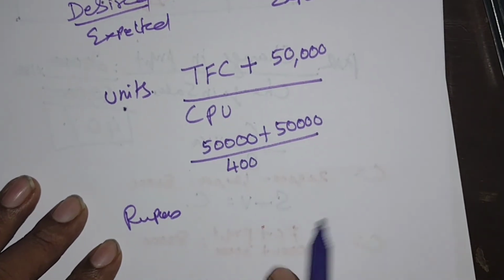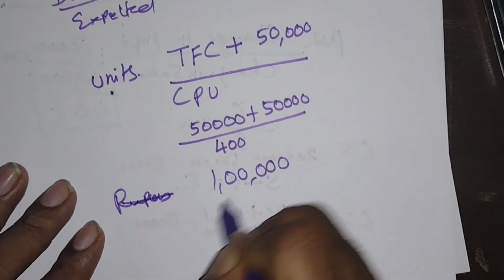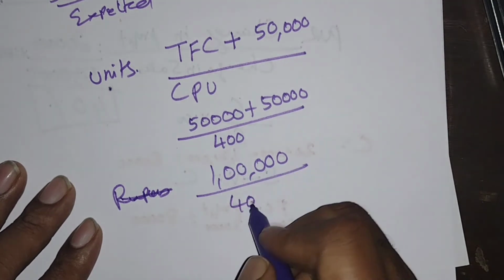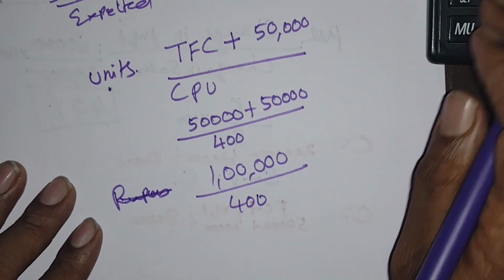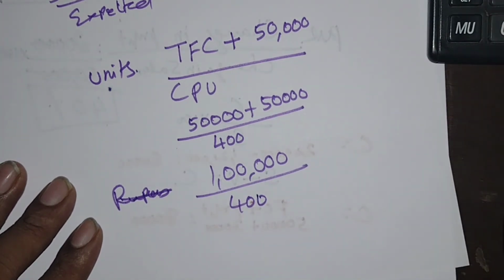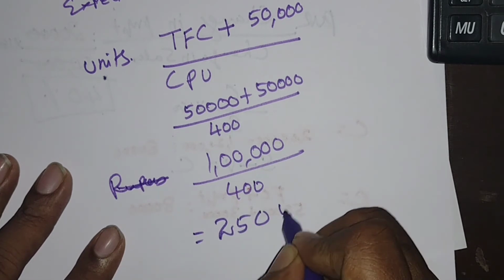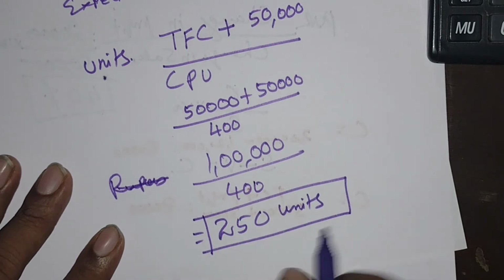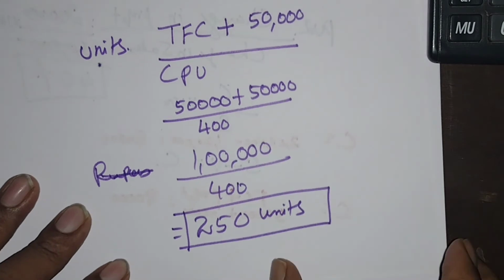Therefore 1 lakh rupees divided by 400 is equal to 250 units. If I sell 250 units, I will get a profit of 50,000 rupees.